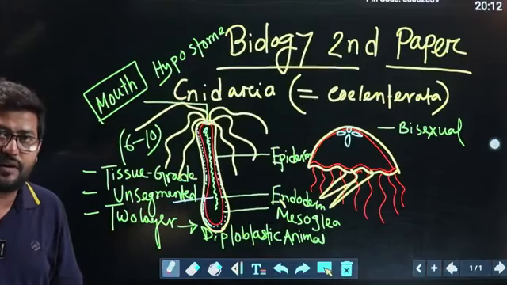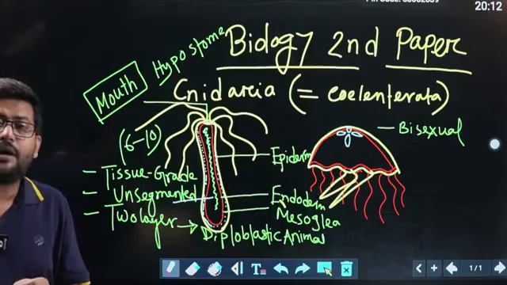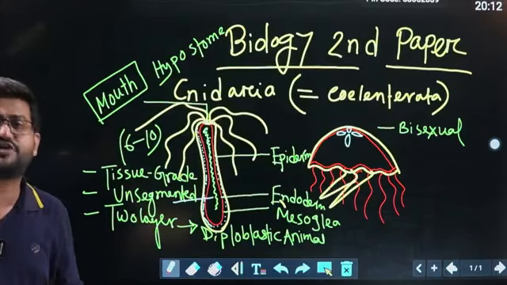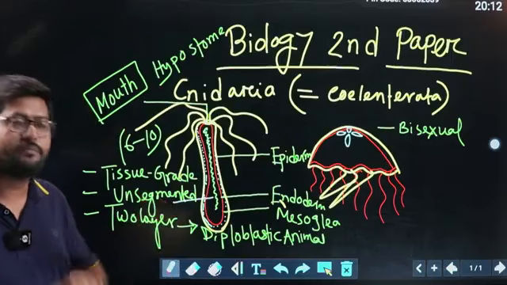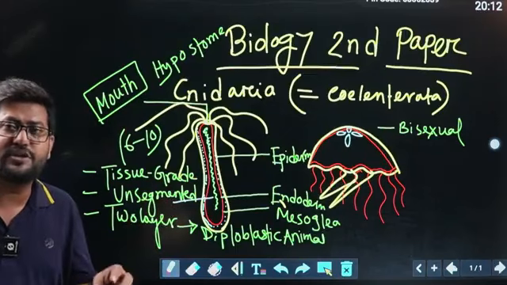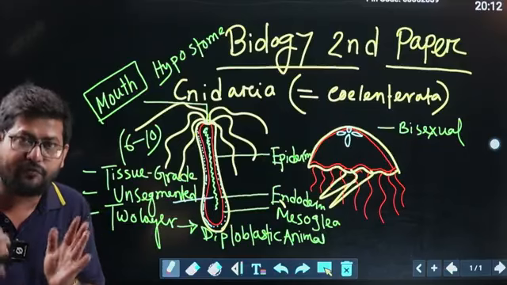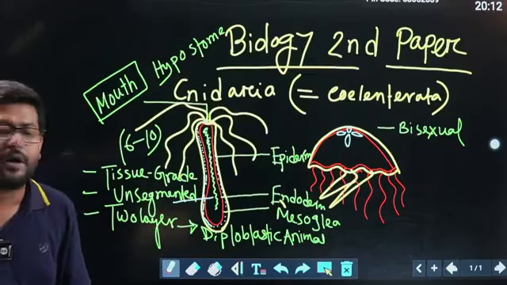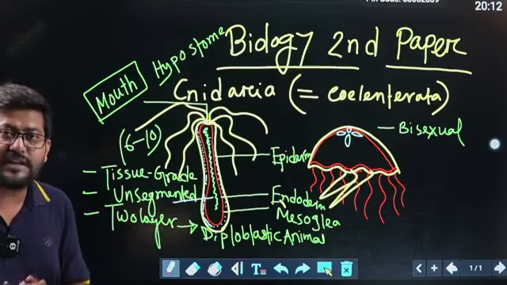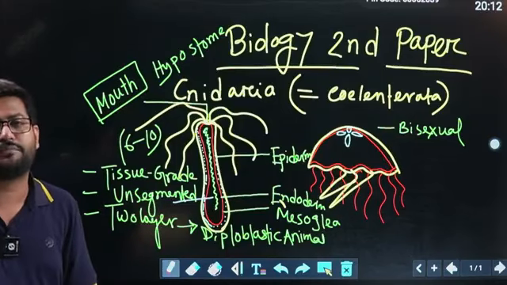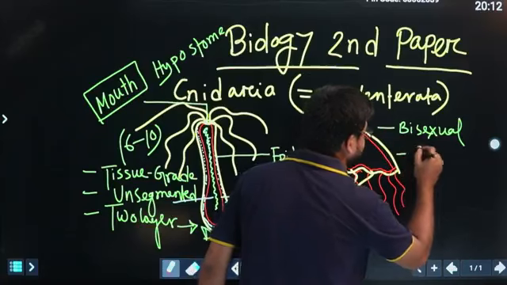That is why you are calling it monoecious. Mono means same or single. So a single body contains both kinds of reproductive structure. That is why it is bisexual, but their sex organs produce sperm and ovum separately, and they follow different ripening times. For that reason they are not going to fertilize by their own sperm and ovum. So self fertilization is absent, only cross fertilization is taking place.